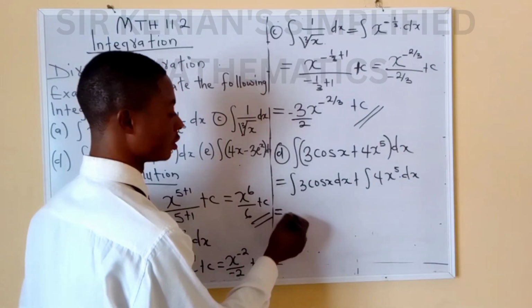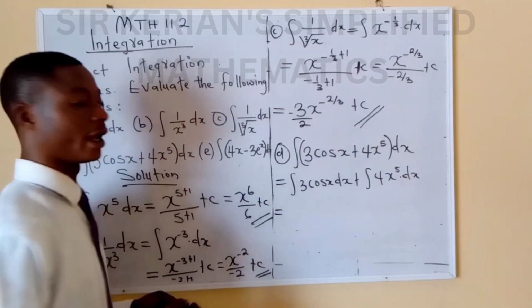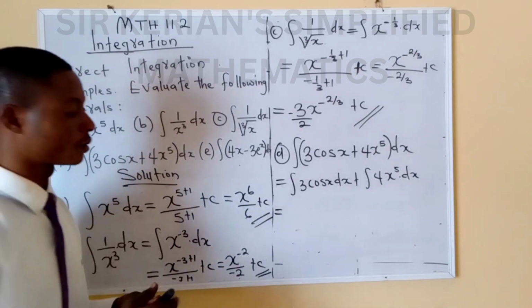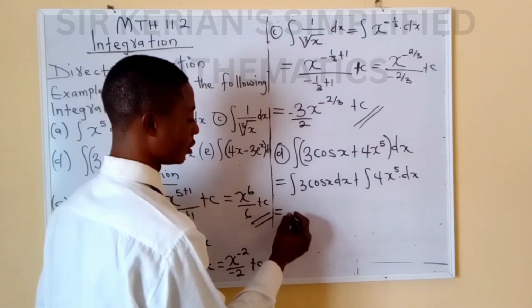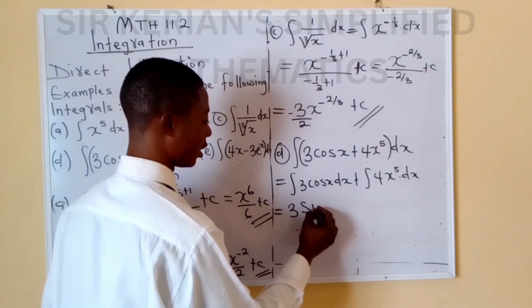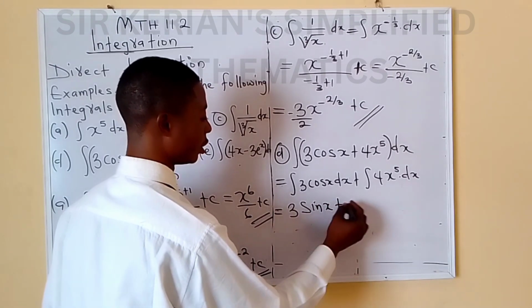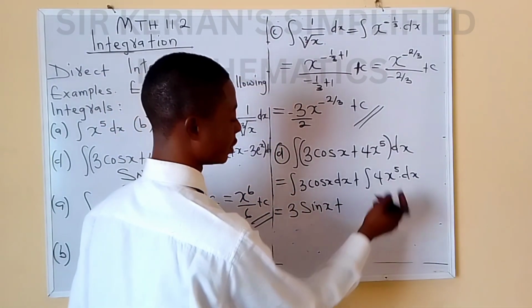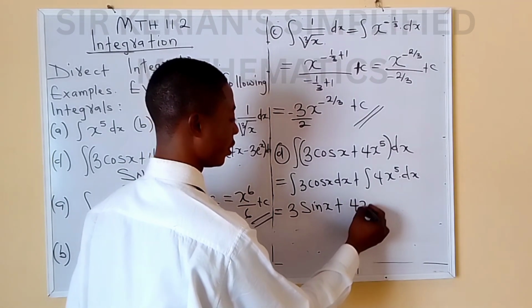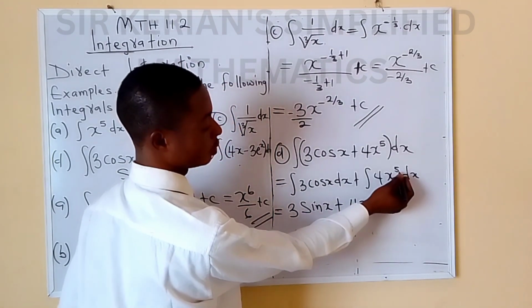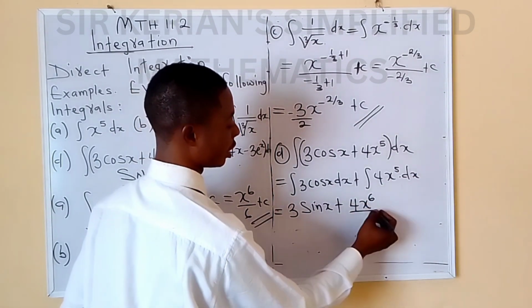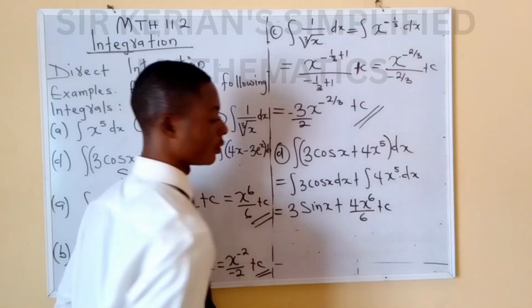So this will be equal to, if you integrate cos x, you have sin x. That means here is 3 sin x plus, if you integrate this now, it will be 4x. If you add 1 to the 5, it is 6 divided by 6, which is the power, plus c.